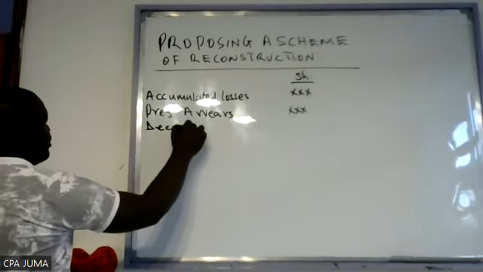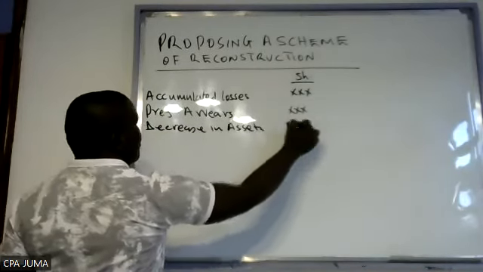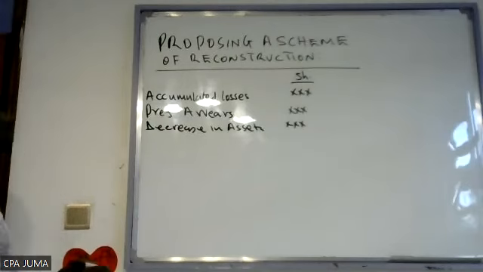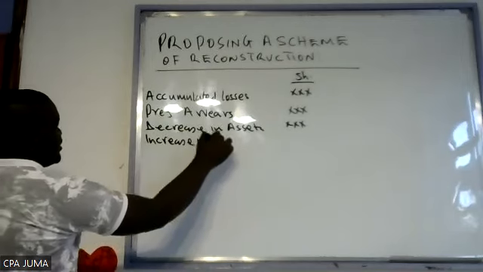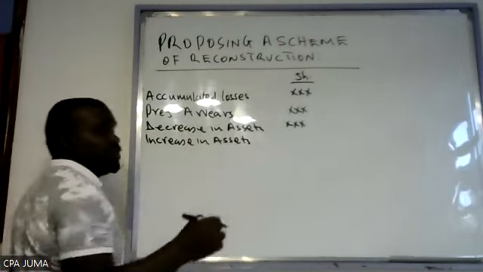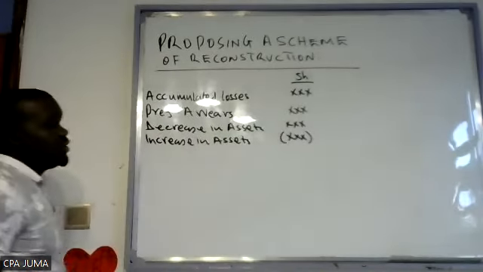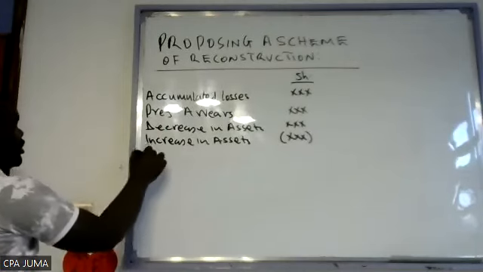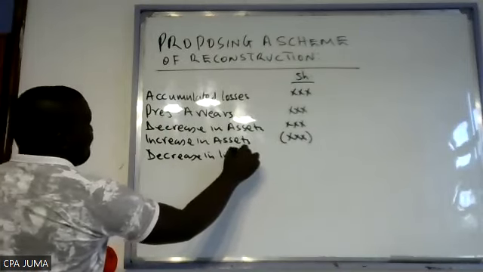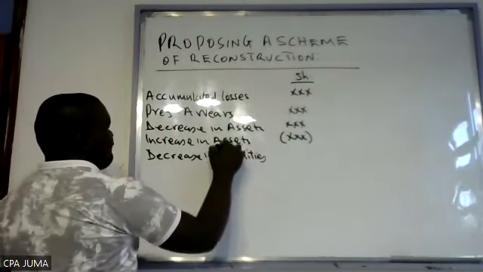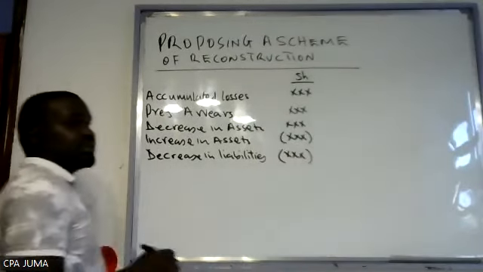Decrease in assets, part of the losses. Increase in assets. If there is increase in an asset, that one will reduce the loss. So increase in asset, you subtract. Decrease in liabilities. That one also you less.